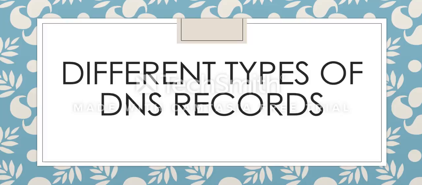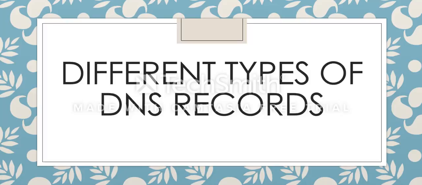The NS record specifies an authoritative name server for a given host. Next, we have reverse lookup pointer records, PTR records. A PTR record is used to look up domain names based on an IP address, basically the opposite of A or AAAA records. The next is called a start of authority record, SOA, which we talked about earlier.